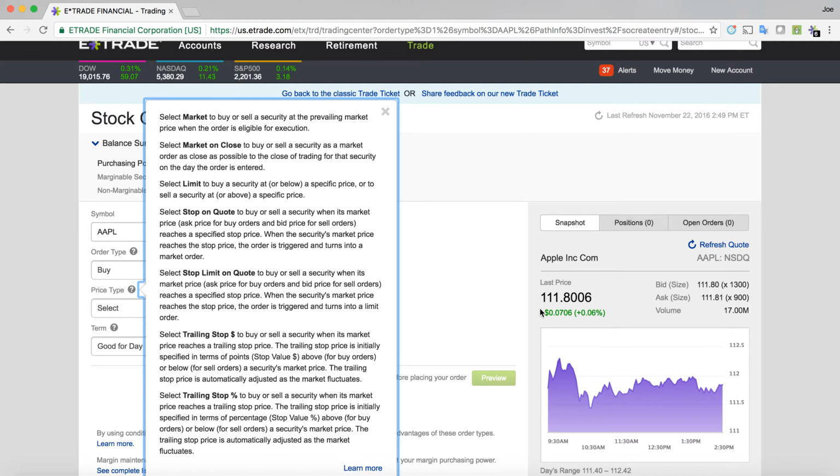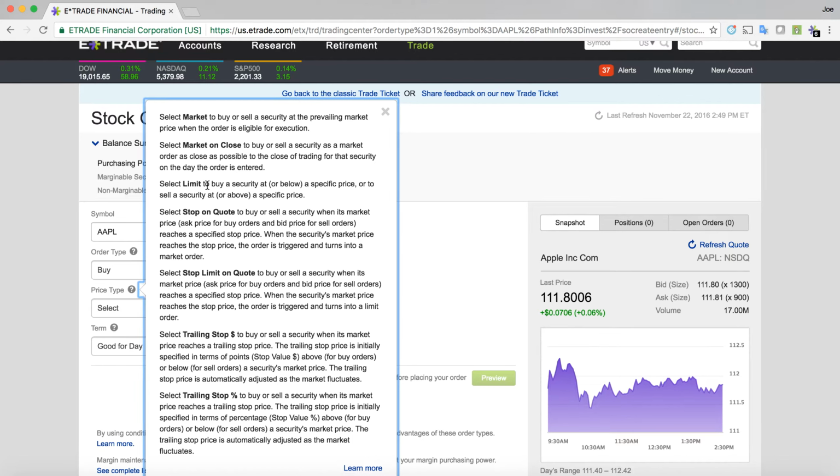So in this case, the market may give you $111.80.06 per share. Market on close is basically you saying, I want to buy 1,000 shares as close to the close of trading as possible.